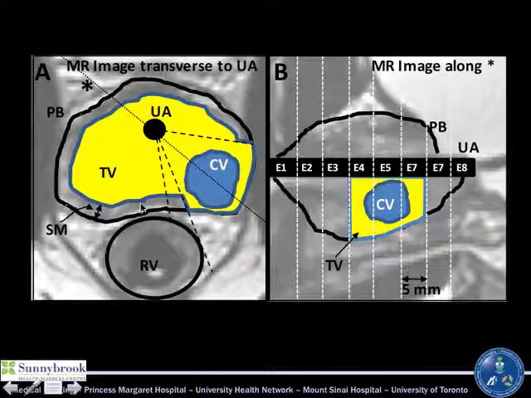And we're still in discussions about whether we want to, at the same sitting, treat as much of the rest of the gland as possible while sparing the sphincter and urethra, or whether we just go for one focus and then have the patient come back if necessary. So these are all things that we'll take a stepwise approach to. But for me, this is a very interesting piece of technology.